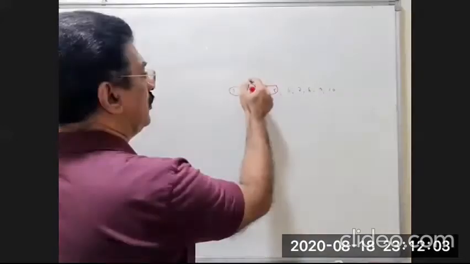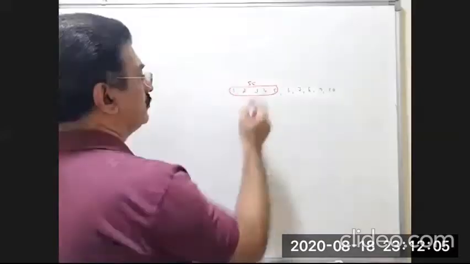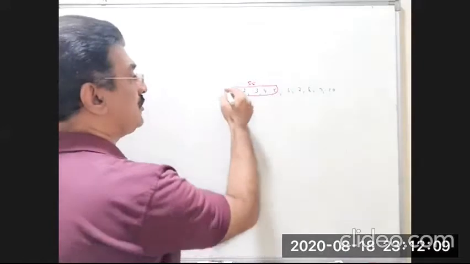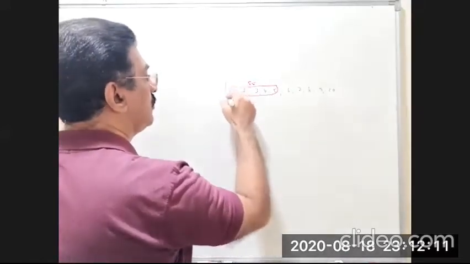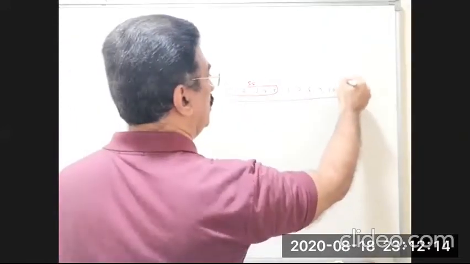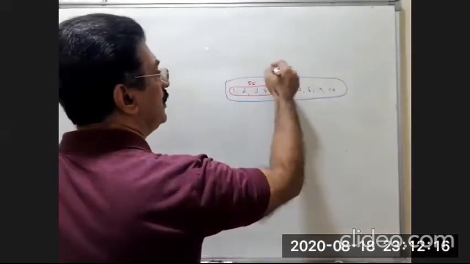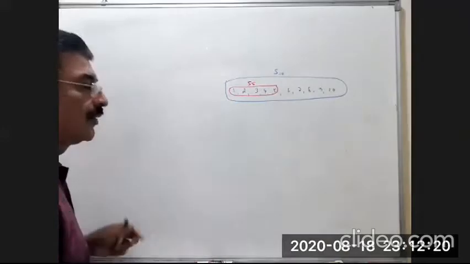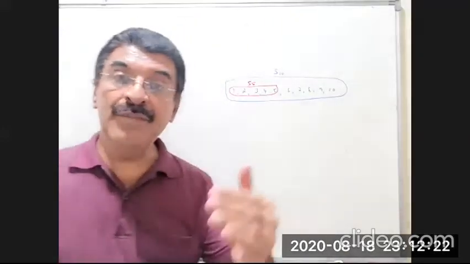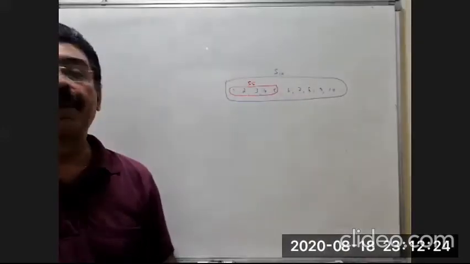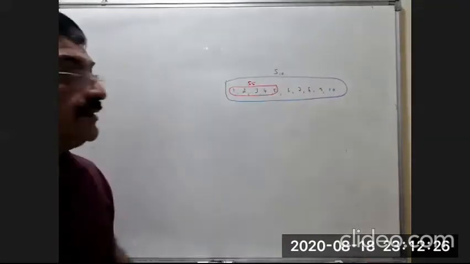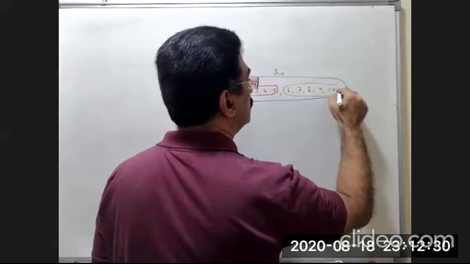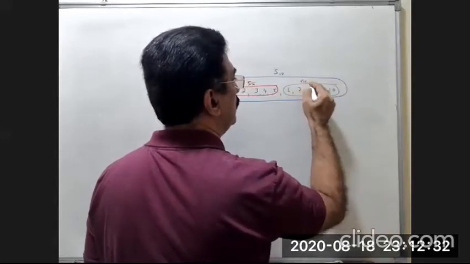The sum of the first 10 means this total. What do you mean by the sum of the next 5? Sum of the first 5, sum of the next 5 means this one. This is the next 5.